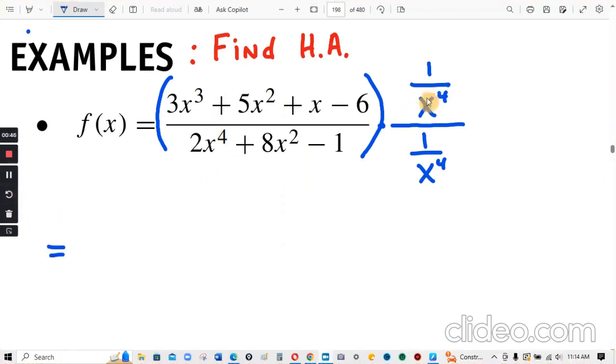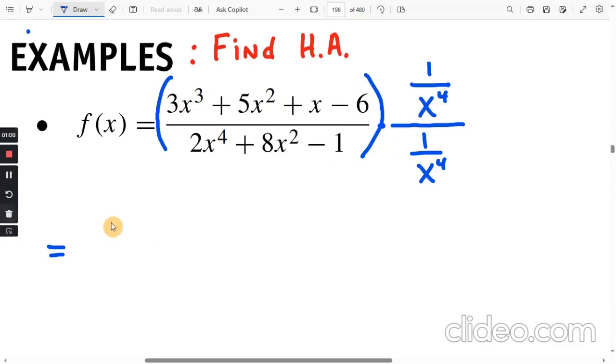Now, in each case here, when we distribute 1 over x to the 4th, each of these terms is going to be divided by x to the 4th. So 3x to the third divided by x to the fourth, that's going to be 3 over x. Positive 5x squared divided by x to the fourth, that's going to be 5 over x squared. Positive x divided by x to the fourth, that's 1 over x to the third.